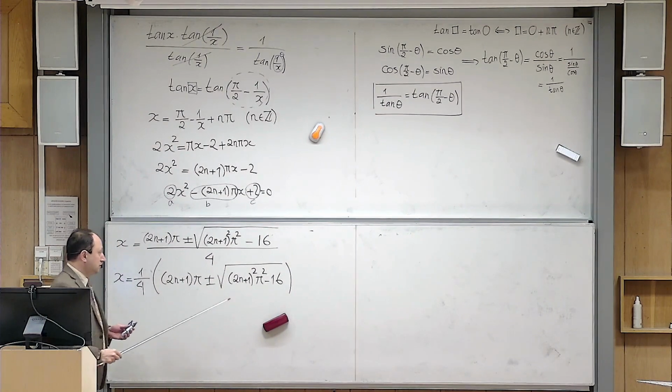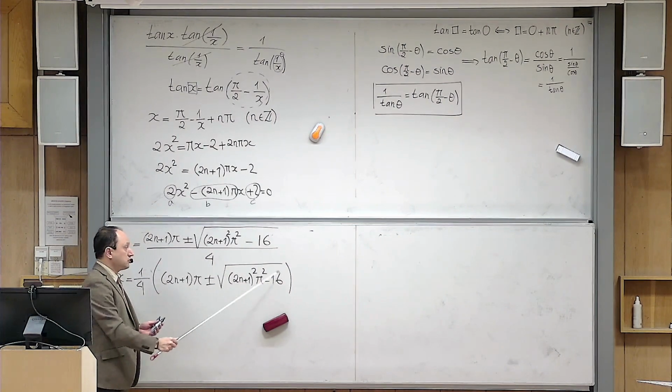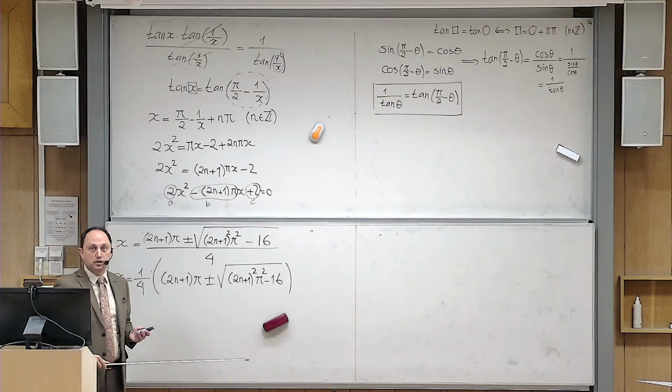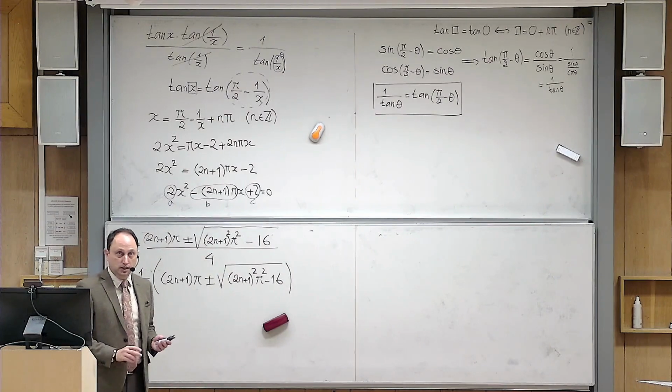So if I am not lucky, for some choices of n, the expression under the square root sign becomes negative, and then the whole expression becomes undefined. So I have to make sure that this is not the case.